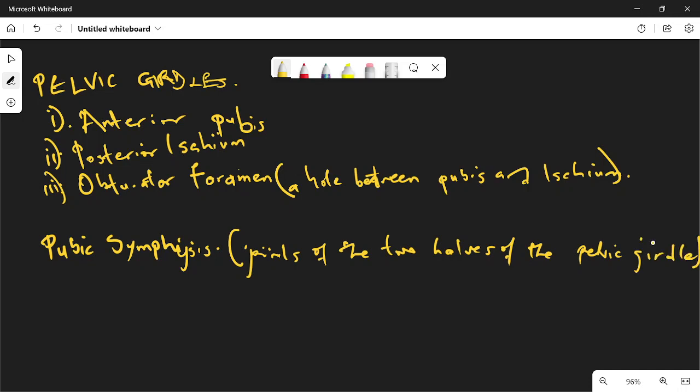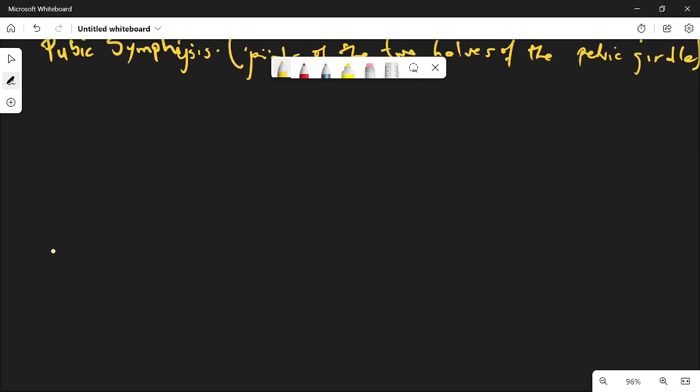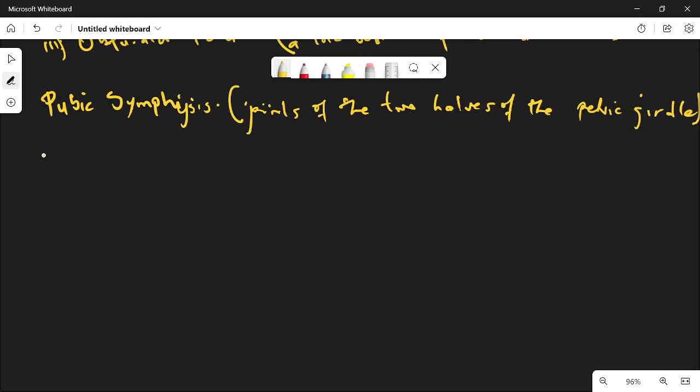Then the head of the limb bone, the femur, fits into a hole called the acetabulum. The acetabulum is a part of the pelvic girdle.